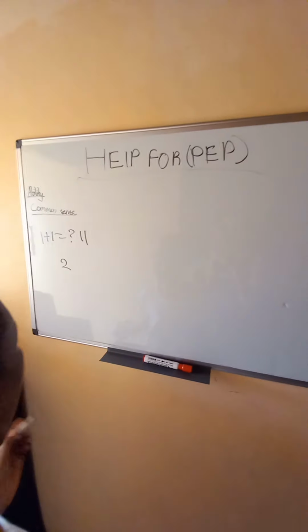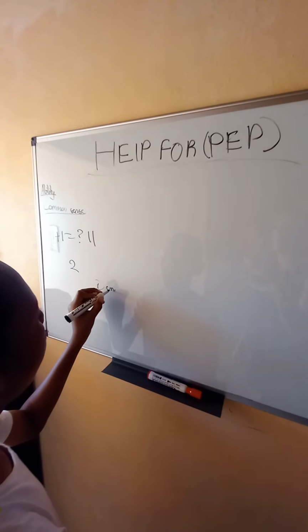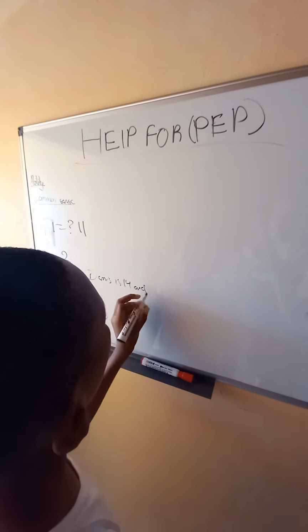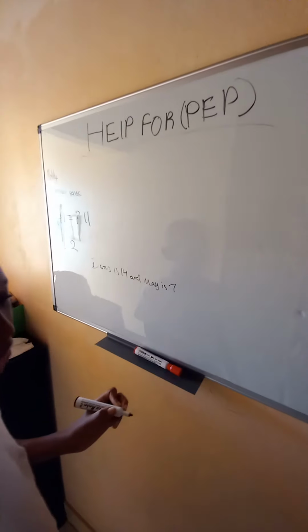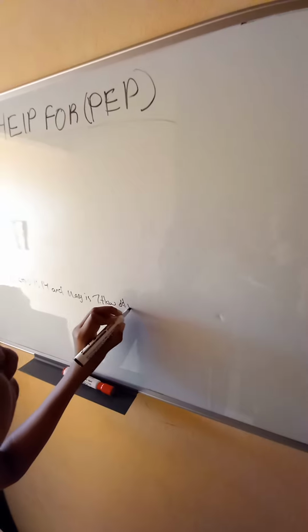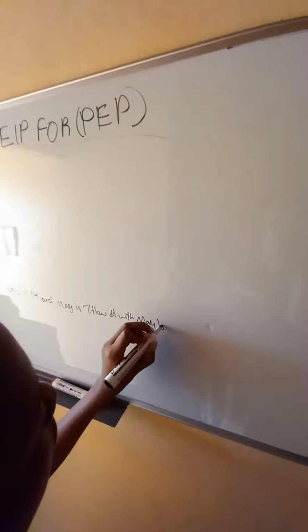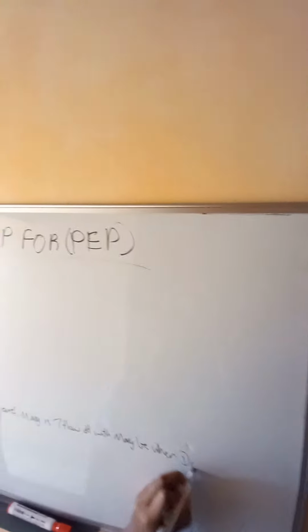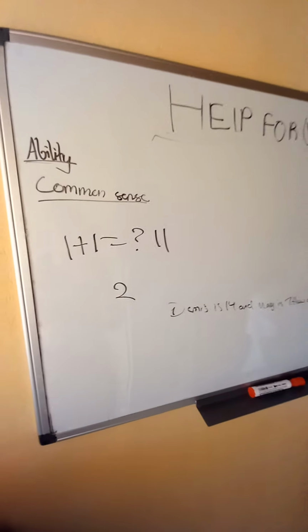For instance, we get a question. Dennis is 14 and Mary is 7. How old will Mary be when Dennis is 56?